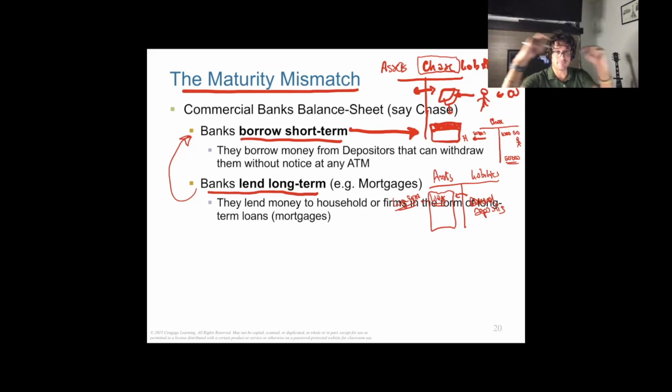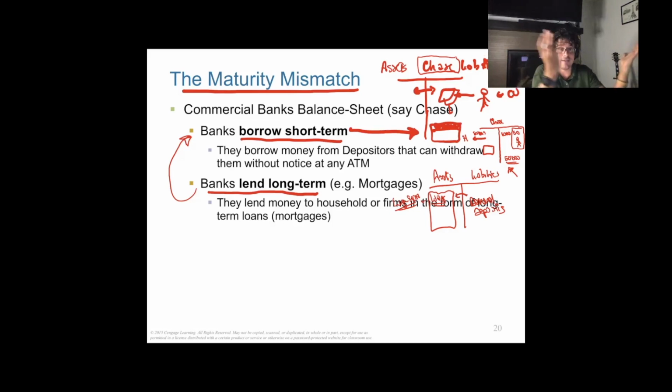It has a credit towards the household that entitles it to get the house if the household does not pay, but this money has disappeared. So let's suppose that one of these 50 individuals decides to withdraw $1, goes to Chase and says, I want to withdraw $1.